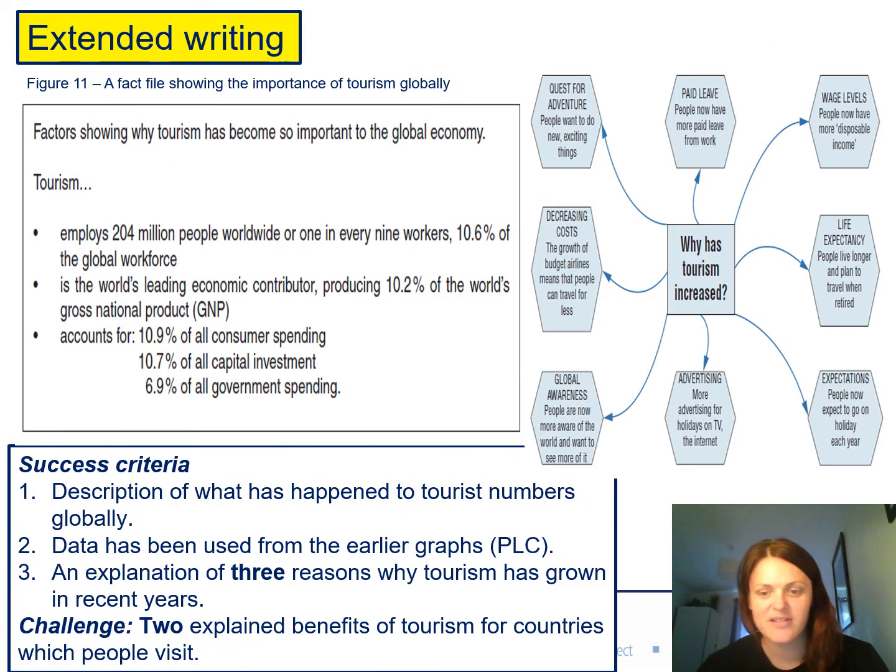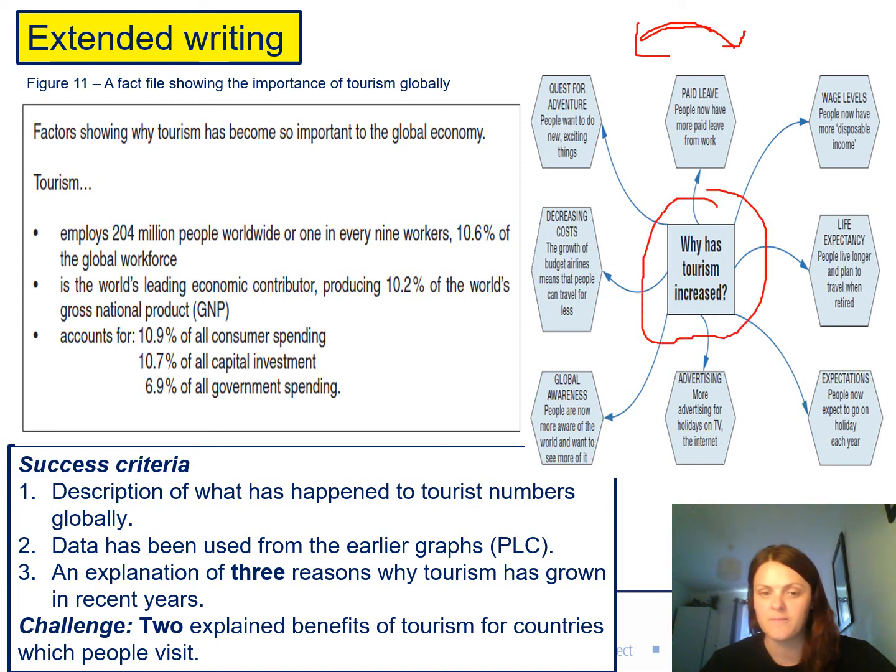Okay guys, so here is your extended writing activity. Remember, this is the most important activity of this lesson, and you have to show that you are putting in a lot of effort and spending the most time on it. So you've seen this already, figure 10, which is the spider diagram, as it were, of the factors why tourism has increased.